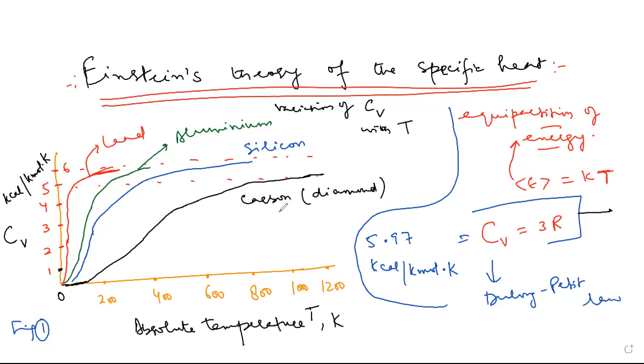So to overcome the drawbacks faced by the classical theory of specific heat, there were different theories proposed by different people. First we are going to discuss Einstein's theory of the specific heat.